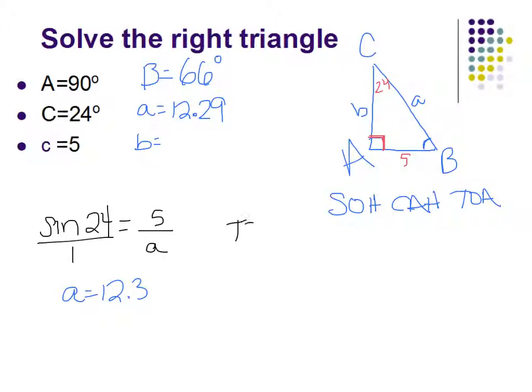The tangent of the angle I know, which is the 24, is equal to opposite, which was 5, over the adjacent, which is what I'm looking for. Okay, so then I'm going to cross multiply. Works very similar to the last one, only this time it's the tangent of 24 that you're going to divide by. So 5 divided by the tangent of 24 should give us 11.23.